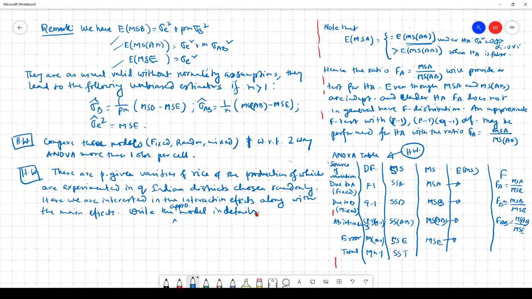This is your second homework, and the first homework is to compare the fixed, random, mixed models with respect to Anova with more than one observation per cell. Okay, these are the homework. I already gave so many other homework in this class. So please do all the homework and submit within a week. If you have any queries, please tell me.